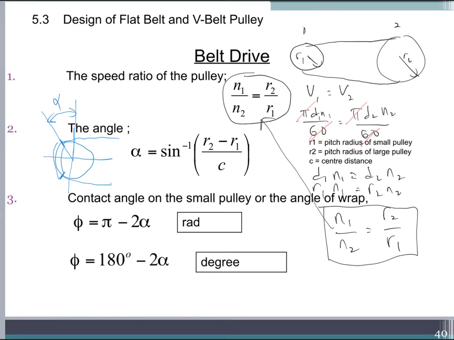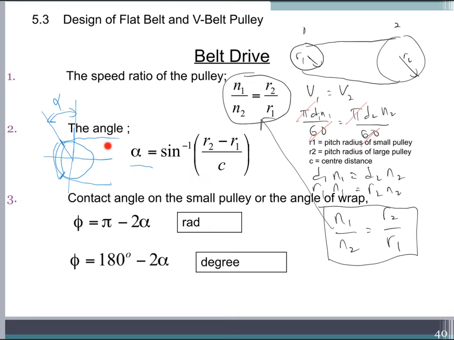This angle alpha we can find from this formula, which is alpha is equal to inverse sine of (r2 minus r1) over c.